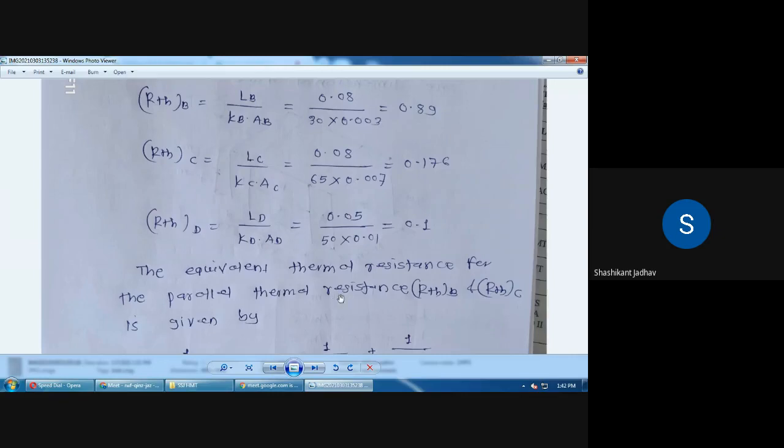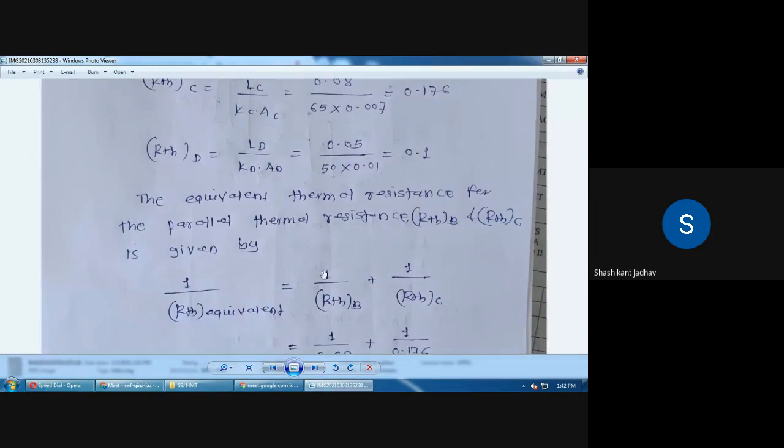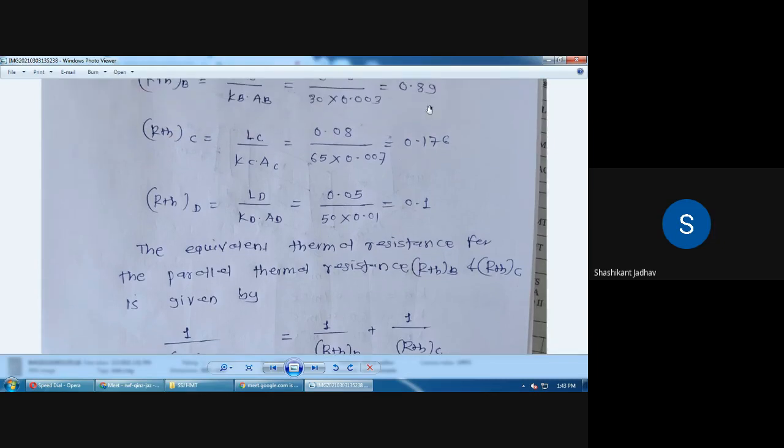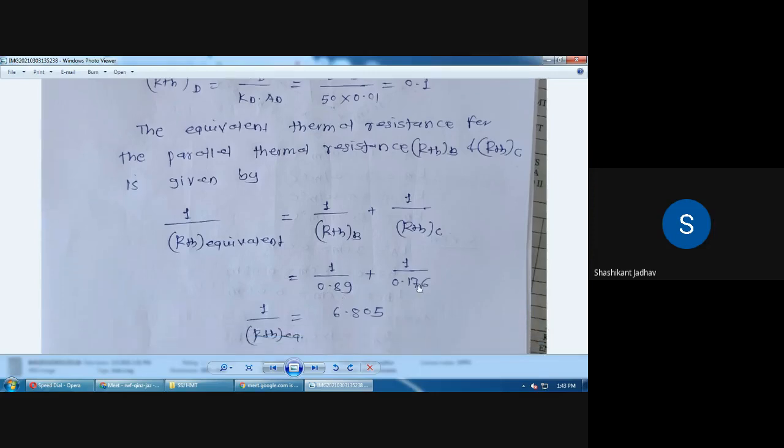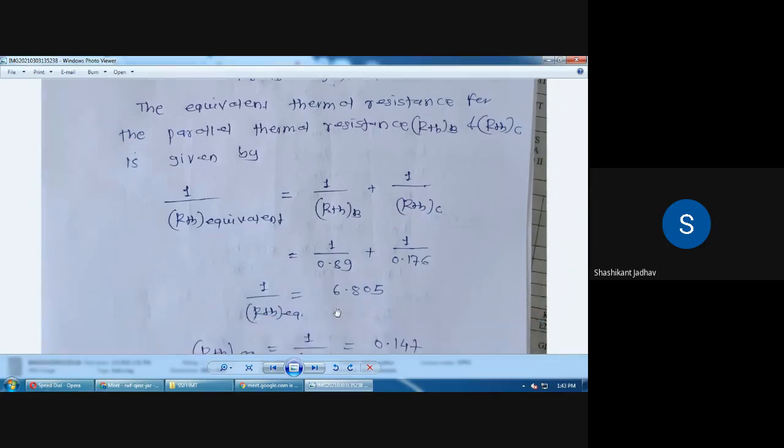The equivalent thermal resistance for the parallel thermal resistances R thermal B and R thermal C is given by, as you know from electrical systems for parallel resistances, 1/R equivalent is equal to 1/thermal resistance of plate B plus 1/thermal resistance of plate C. We have calculated the thermal resistance of plate B and plate C. Putting those values in, we get the value of 1/R thermal equivalent equal to 6.805.